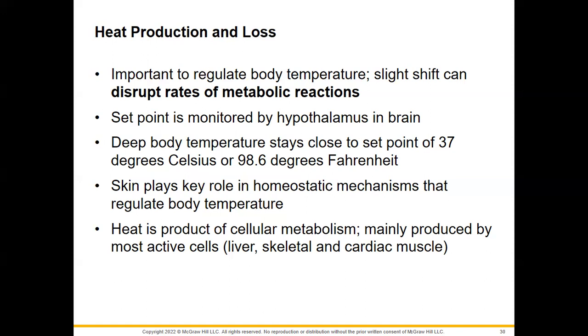And if we start doing extra things or the body temperature gets increased, that is what is going to shift how our bodies start to help regulate that heat. So that heat is going to be produced mainly by the most active cells, and your most active cells, your liver, your skeletal tissue, and your cardiac muscle. Those are going to be the cells that are always working and that are producing the most heat in the body, even though all of your cells that are alive are producing heat.